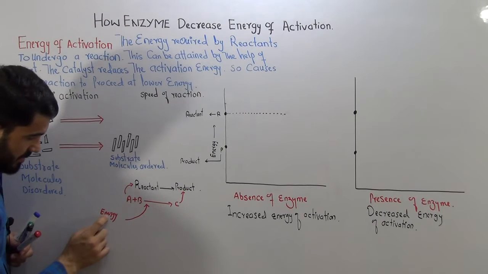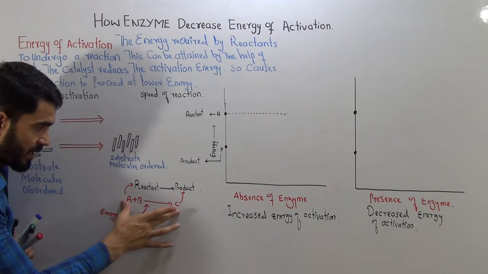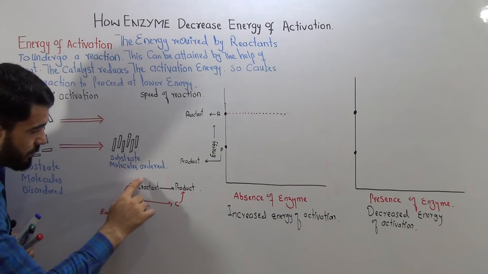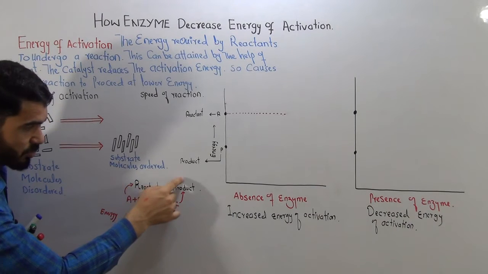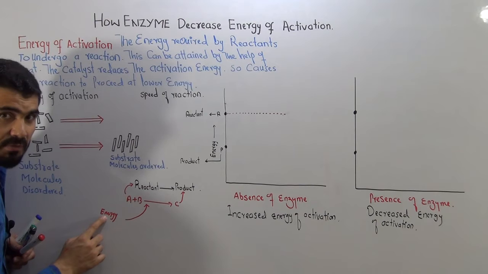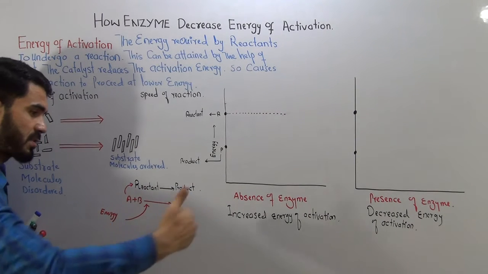This energy, which is required for the chemical reaction to start, which is required for the reactant to convert into product, is called the activation energy. It is just the energy that you give in the beginning, and then the reaction will start.